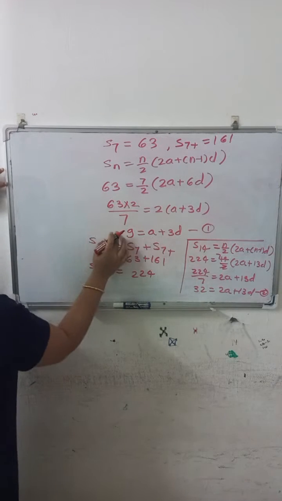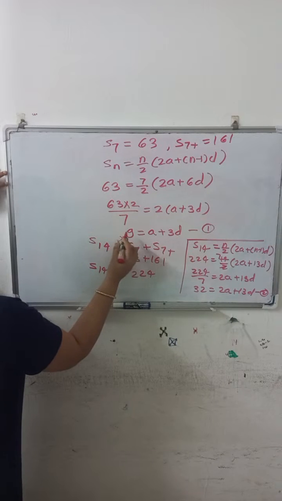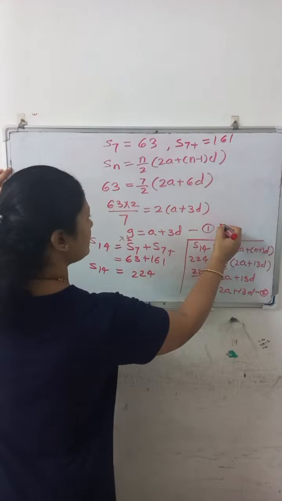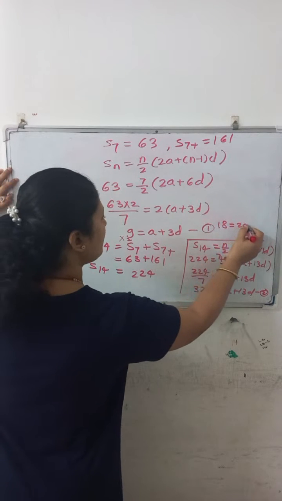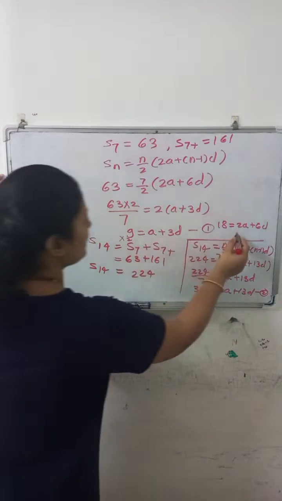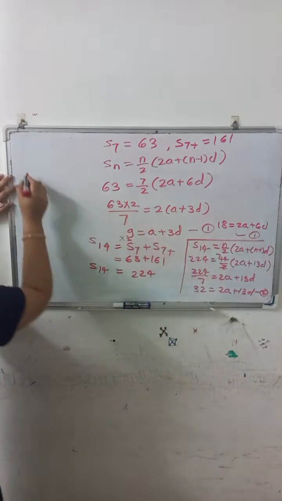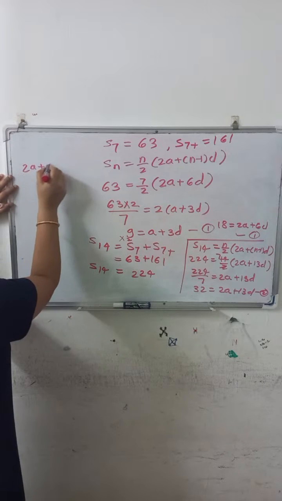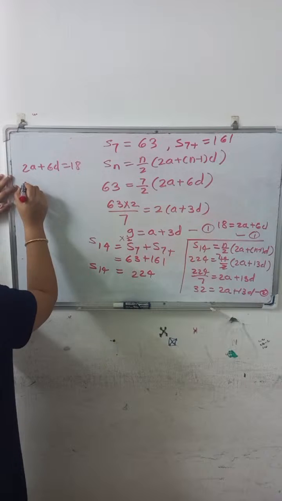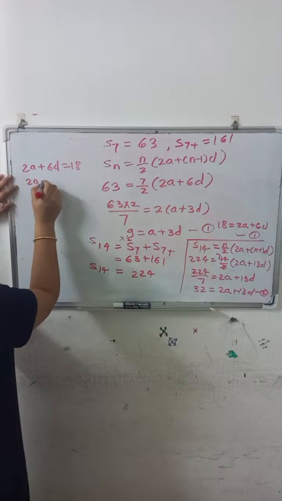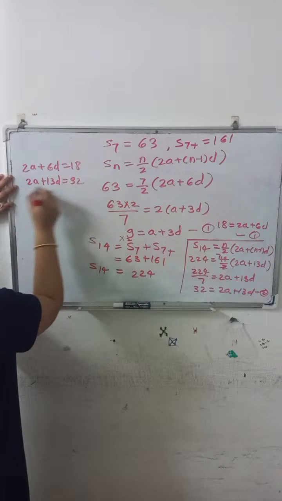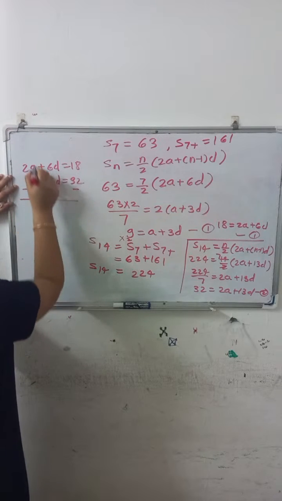Here I will multiply by 2, only here. So 9 twos are 18, 2a plus 6d. This is now my new equation 1. So I will write 2a plus 6d is equal to 18, and the other equation is 2a plus 13d is equal to 32. So the minus sign will come.